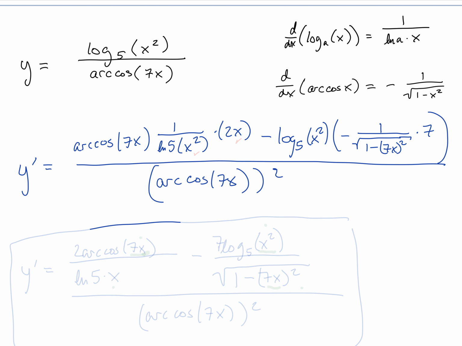We could do a little bit of work to try to simplify. So we have that. We've got an x and an x squared. Part of that can cancel out. Let's see.